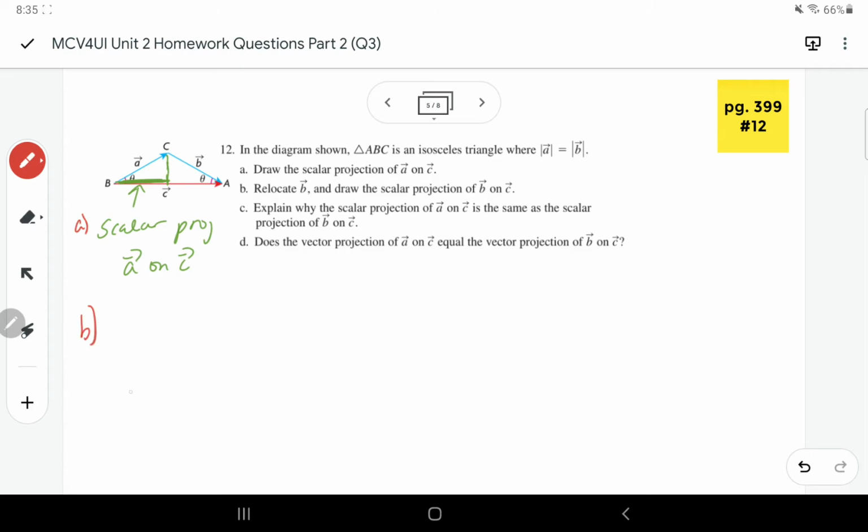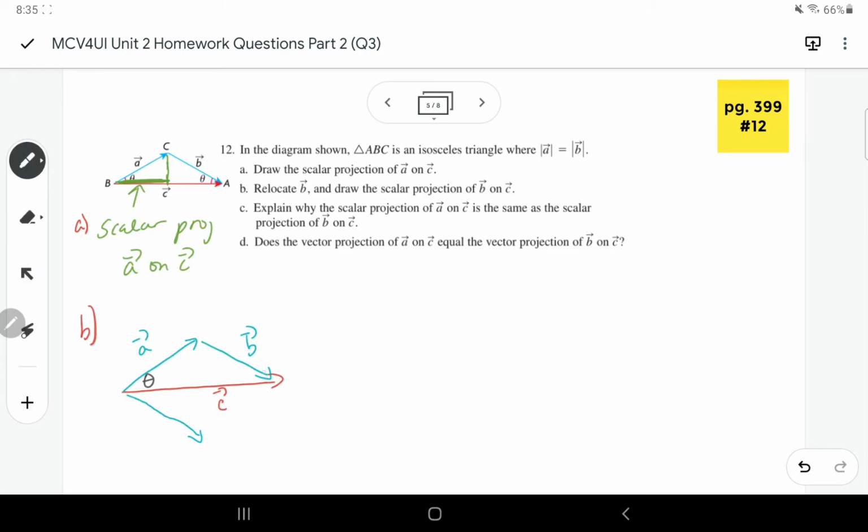So for B, if I redraw the diagram, there's vector C, and I had A going like that and B going like that. If we relocate B, we want to find the projection of B onto C. So here, remember that vectors have magnitude and they have direction, but they do not have location.